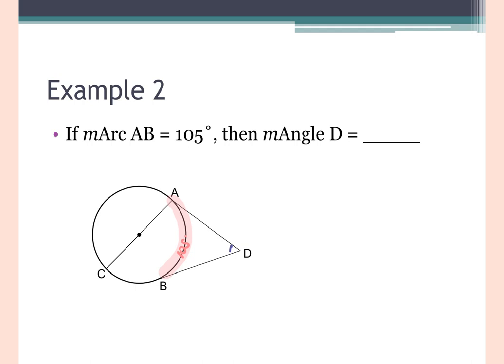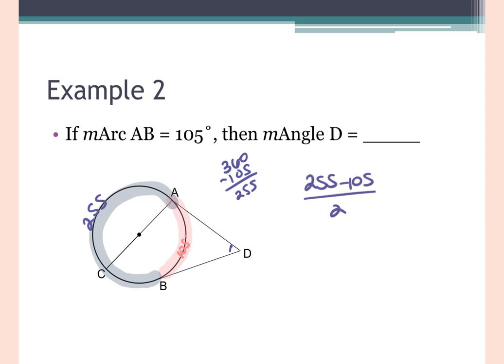So it would be big arc minus little arc divided by 2. What's the big arc? 360 minus 105, that's 255. So it's 255 minus 105 divided by 2. 150 divided by 2, 75.